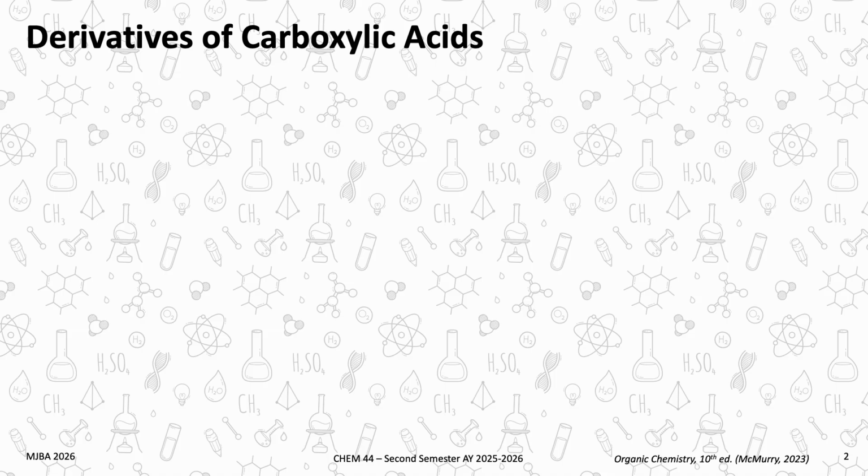So when we say derivatives of carboxylic acid, these are organic compounds which take the general structure that has an acyl group. The acyl group contains that characteristic C double bond O with an R group attached to it, and then the remaining attachment is an electronegative atom.